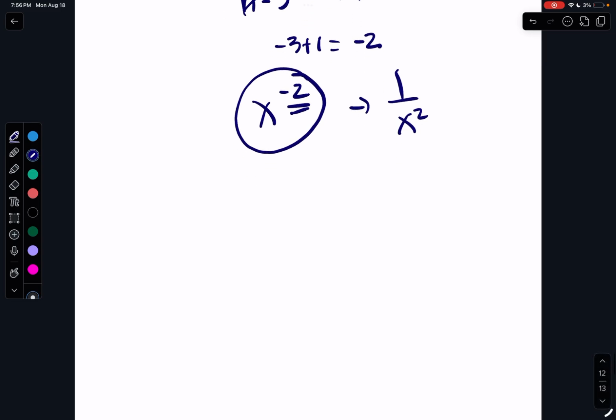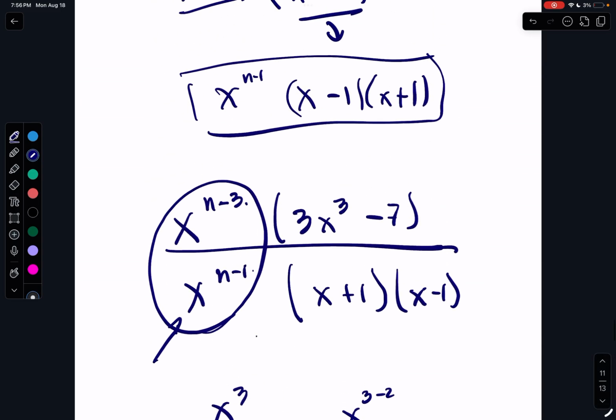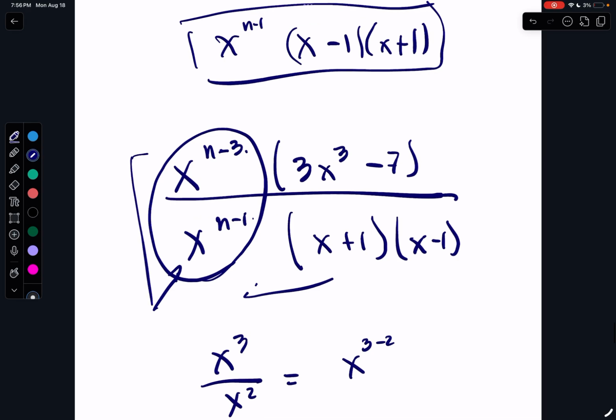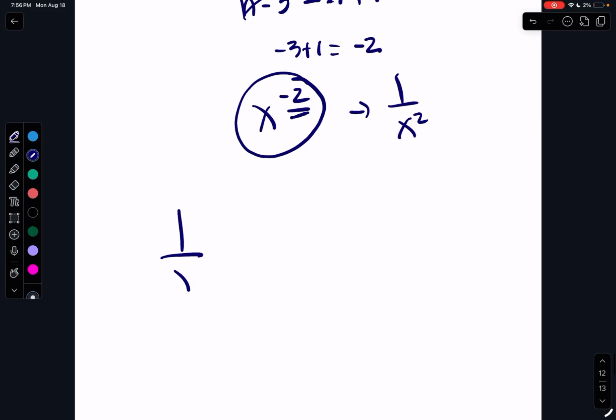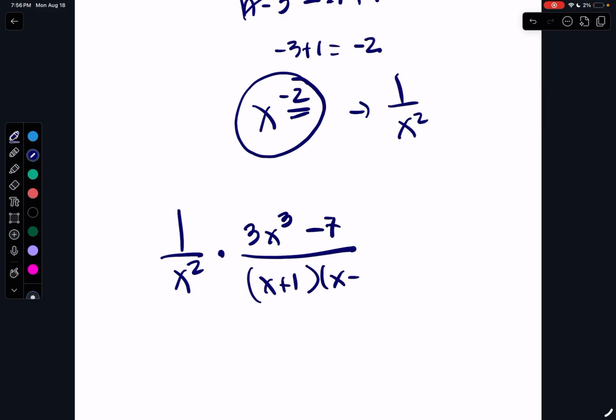Now we could rewrite all of this into 1 over x squared, times (3x cubed minus 7) divided by (x plus 1)(x minus 1).